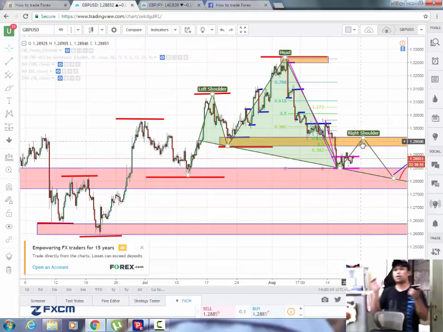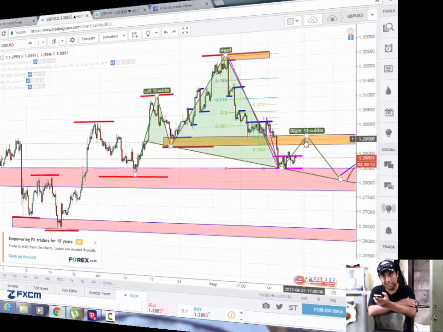This is what I'm going to talk about: the market structure, combined with your strategy. As for me, I identify the market structure and combine it with a pattern, particularly head and shoulders.